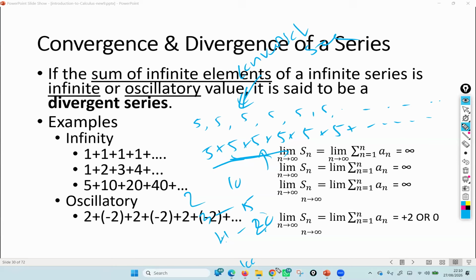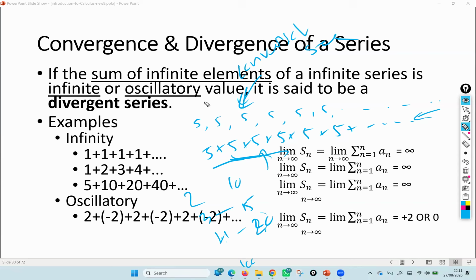Then the sum of infinite terms must be, you can't say bigger than infinite because infinite is not a number, but it's also very large. So if infinite is very large, this must be even bigger, right? It's also infinity because infinity is a concept. So therefore, this must be a divergent series.